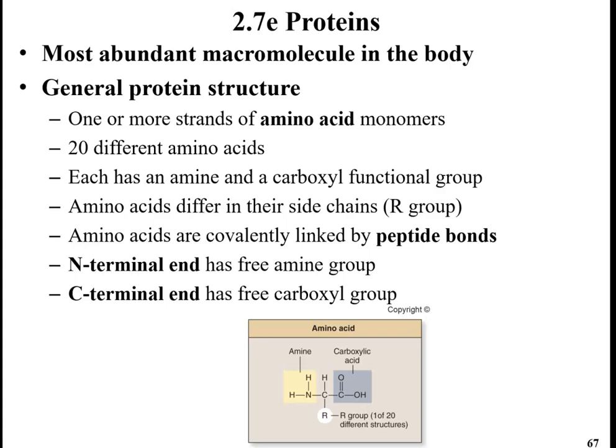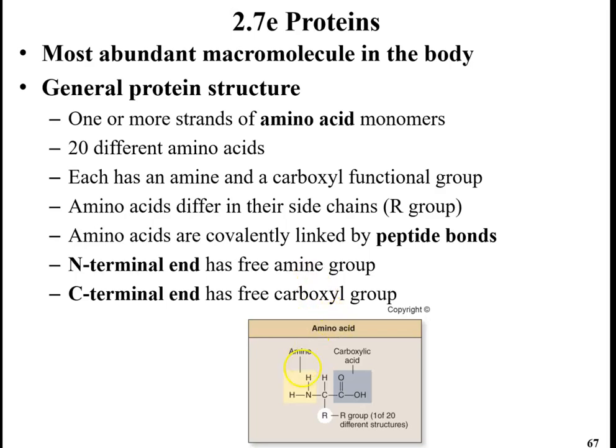All right, proteins. These are the most abundant macromolecules in the body. General protein structure is composed of 1 or more strands of amino acid monomers. So that's amino acids attached to one another. There are 20 different amino acids. Each has an amine and a carboxyl functional group.